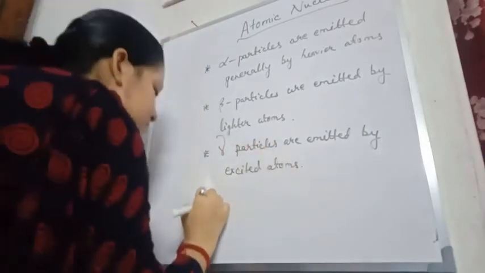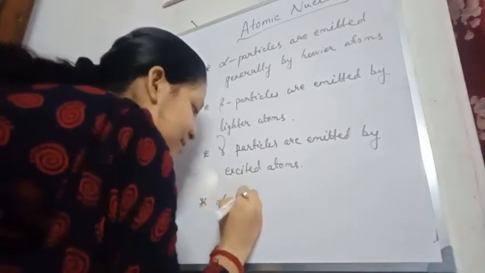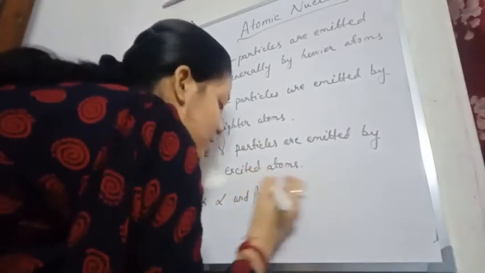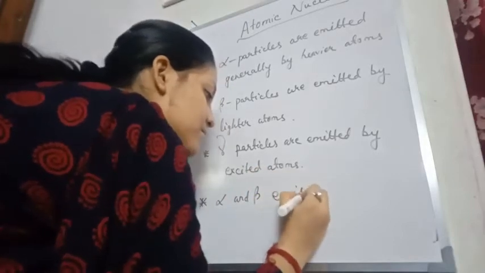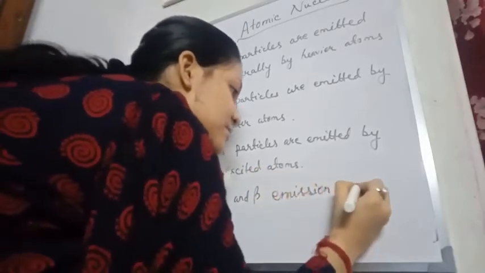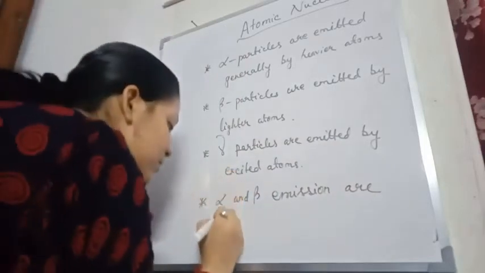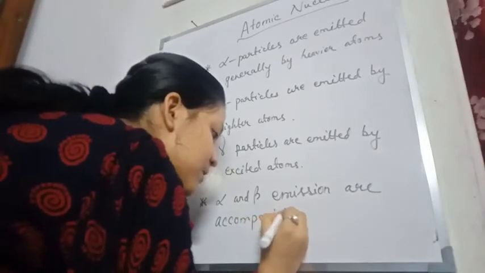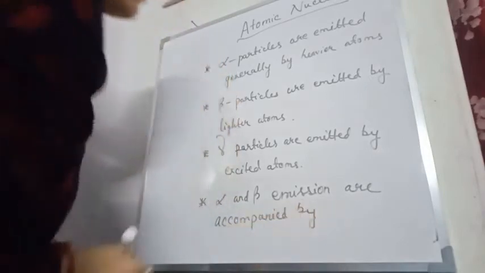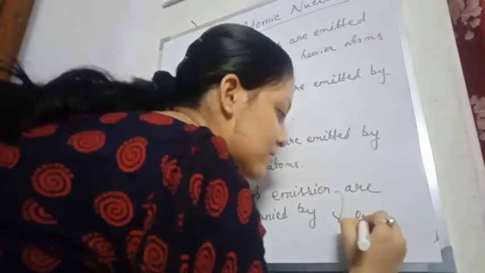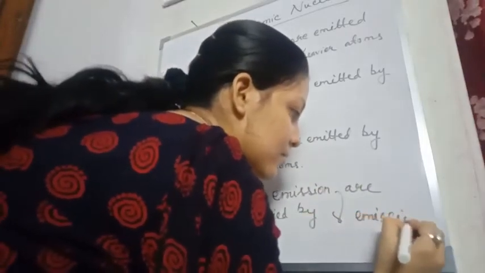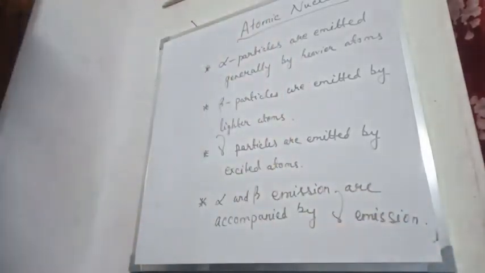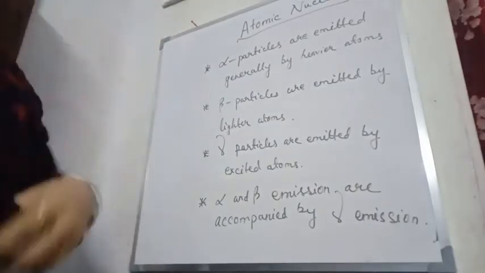Last, alpha and beta emission are accompanied by gamma emission. So these are the few points that have to be kept in mind.